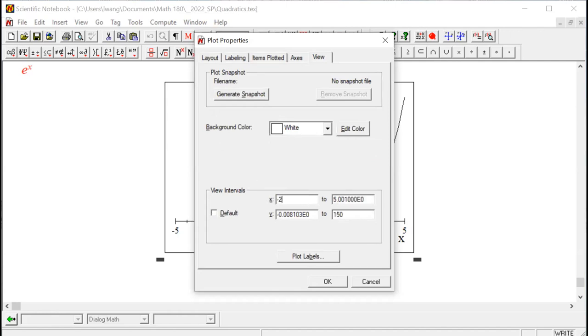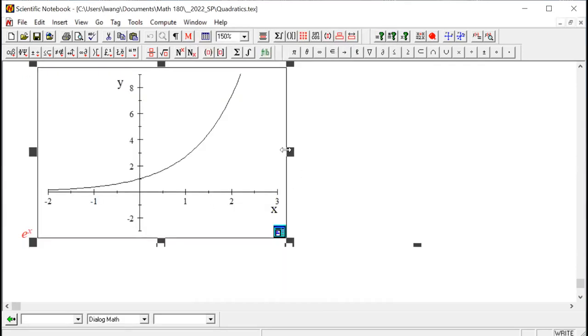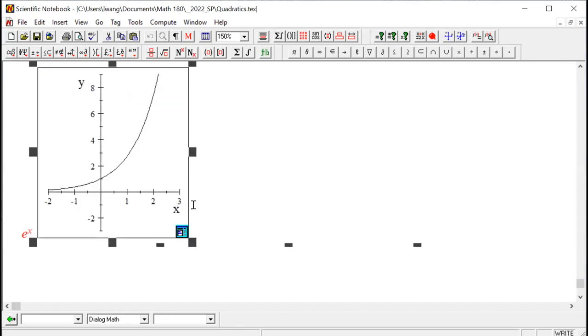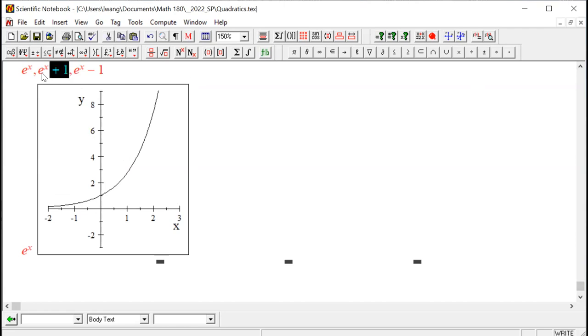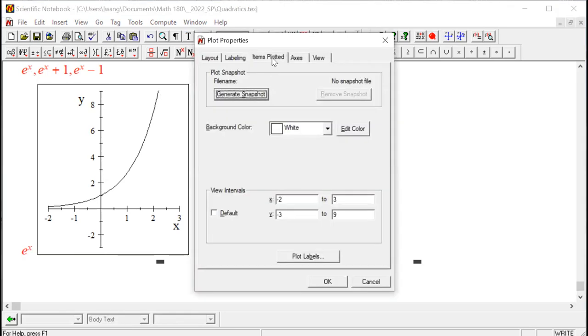So here I'm going to do this picture. That's e to the power x. For e to the power x, if I do e to the power x plus 1, the entire function plus 1, what will happen?